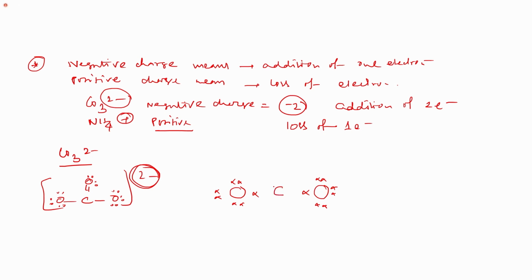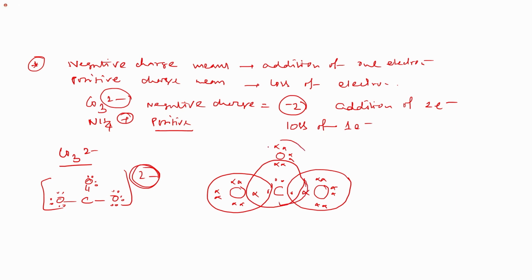Now this is the carbon. Carbon has 4 valence electrons, and this oxygen is neutral, so it has 6 valence electrons. Now this bond is forming, and this is also a bond, and this is the double bond formed by sharing electrons. It will be like that, and these oxygens will be forming this by sharing electrons.